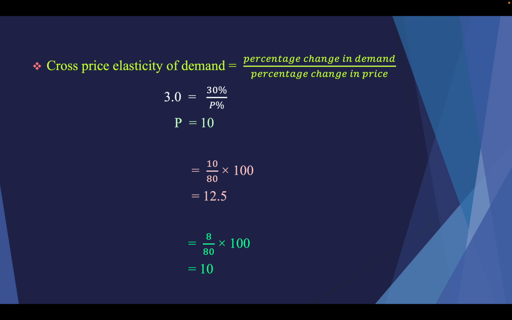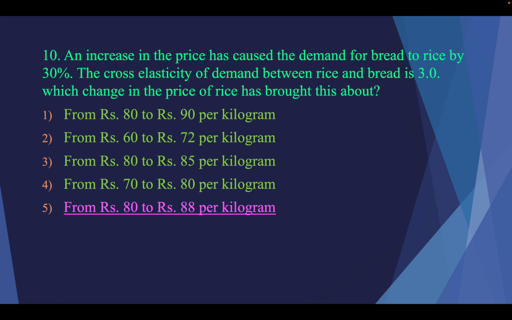Okay, we'll calculate. I took the first answer, from 80 to 90 per kilogram. 80 to 90, that means between 80 to 90, how much? It's 10. Okay, the amount is 10.